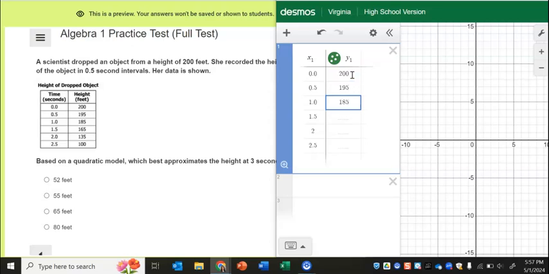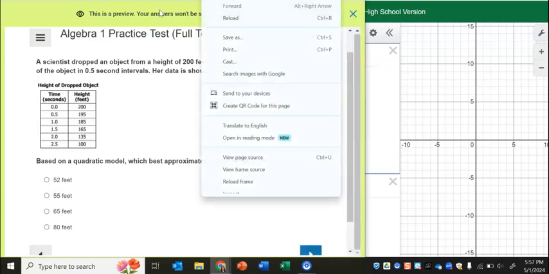When you're plugging in the table, just make sure that you don't make mistakes. See, I told you to make sure, but I'm not making sure that I did it right. So 1.5 is 165. Let's take a quick look, make sure that all of the numbers are matching. Yep.